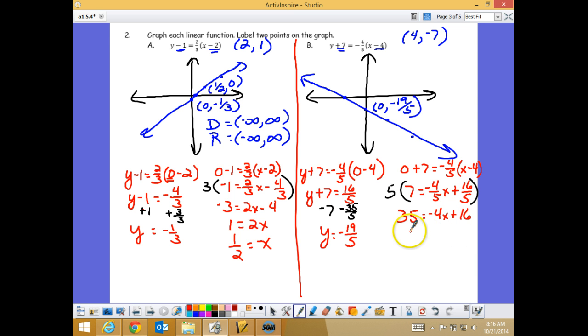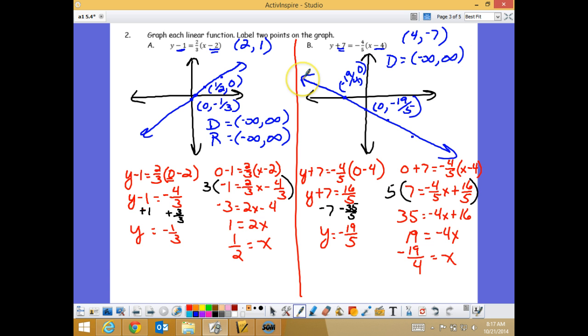Subtract the 16. So we get 19 is equal to -4x. Then we divide by -4. So x is equal to -19/4. So the x-intercept is (-19/4, 0).